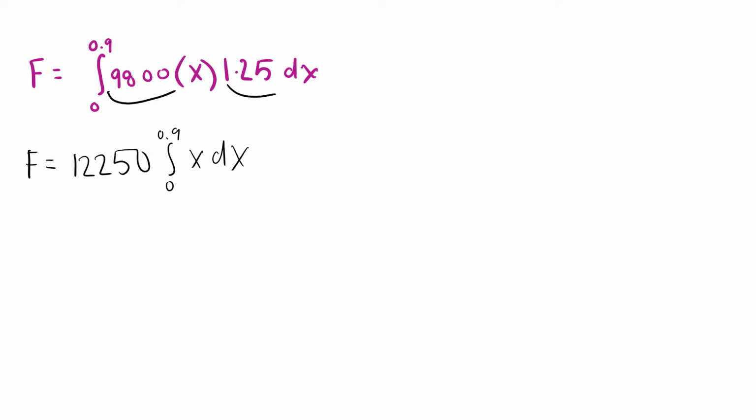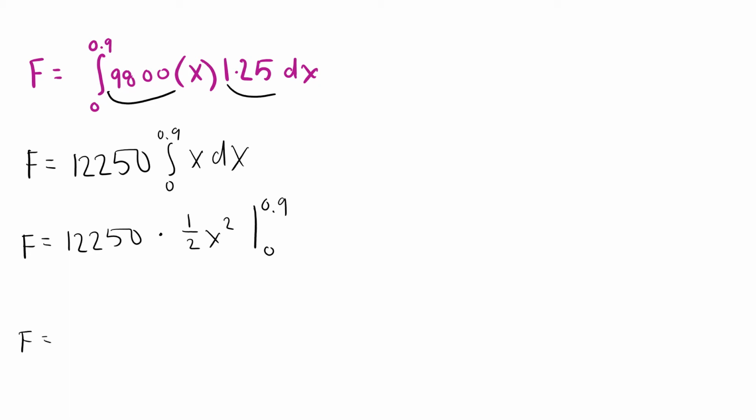And then we are left with the integral of x. To find the integral of x, or the antiderivative, we will divide x by 2 and raise it to the power of 2. So we can write that as 1/2 x squared, evaluated from 0 to 0.9.